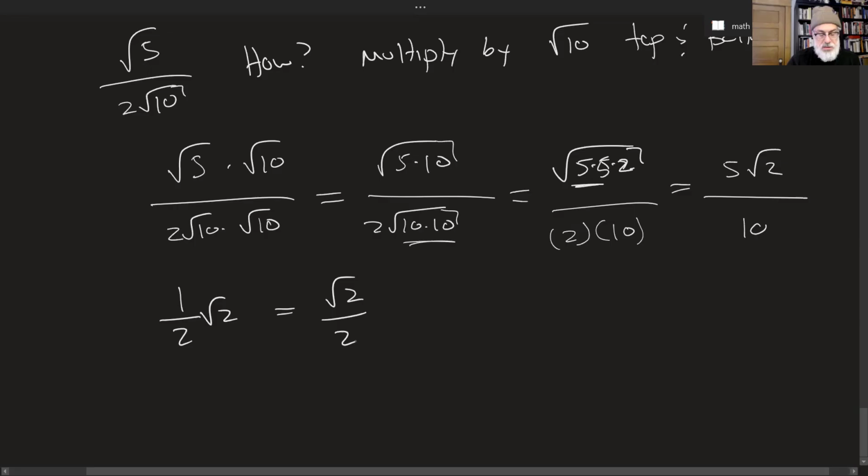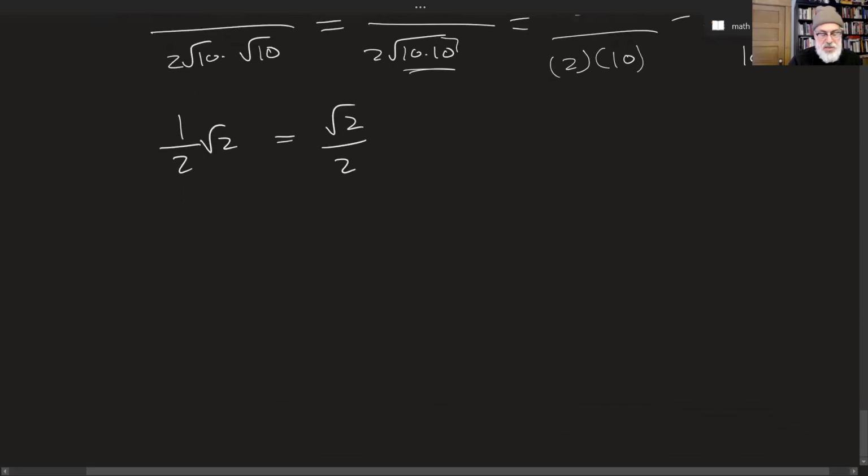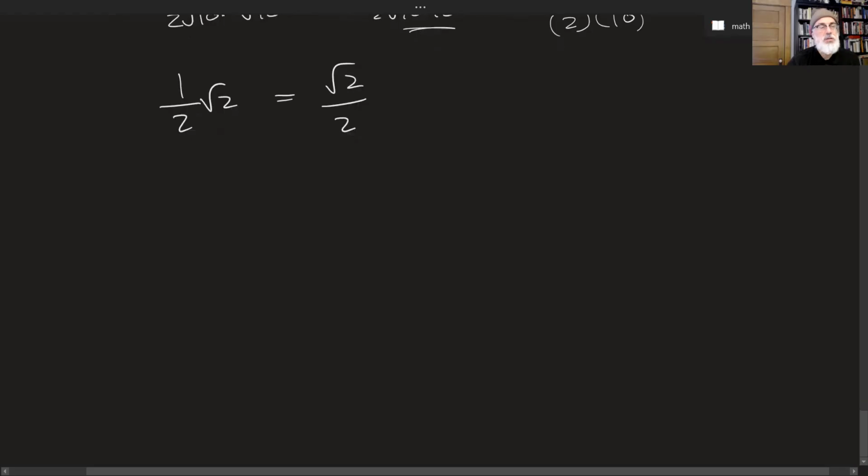So why is this useful? I will say in most mathematics, it's easier to handle rationalized radicals than not, especially in calculus. In any computational mathematics, having the radical in the numerator is easier and more straightforward.